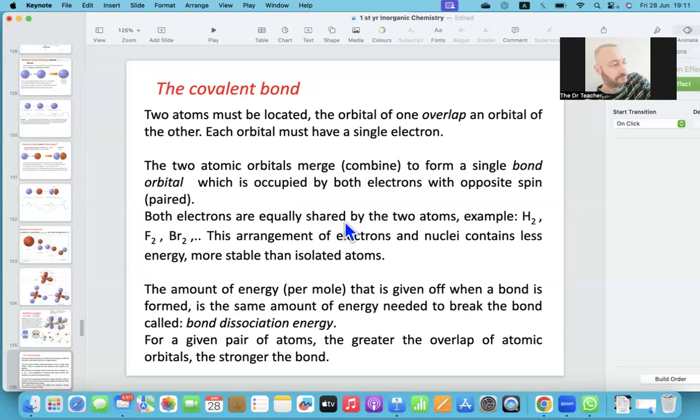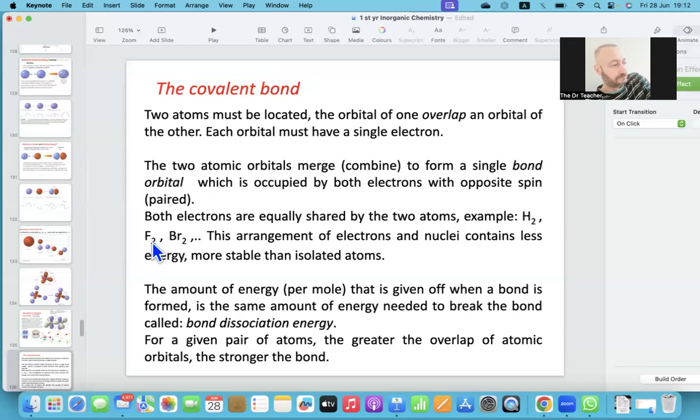Both electrons are equally shared by 2 atoms, like hydrogen, fluorine, bromine, etc. This arrangement of electrons and nuclei contains less energy, more stable than isolated atoms. Always when they combine together, the overall charge will be 0, so they are stable.